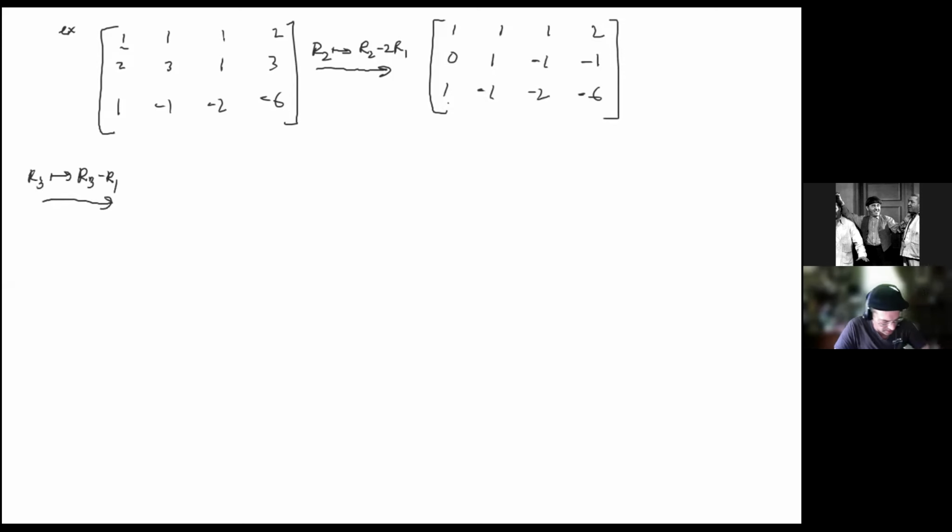What does that give me? It gives me 1, 1, 1, 2, 0, 1, -1, -1, and then 0, -2, -3, and I think -8. Okay, all right, so now I have the first column in good shape.